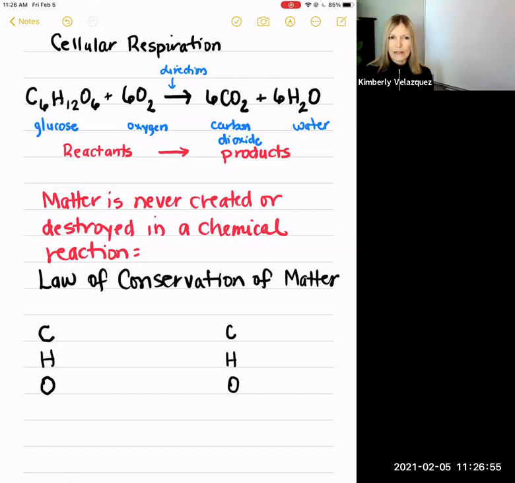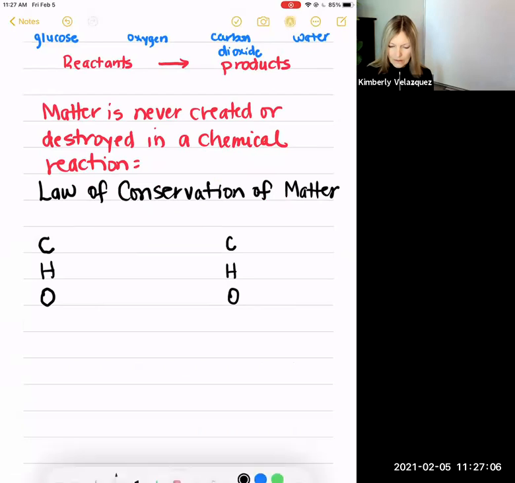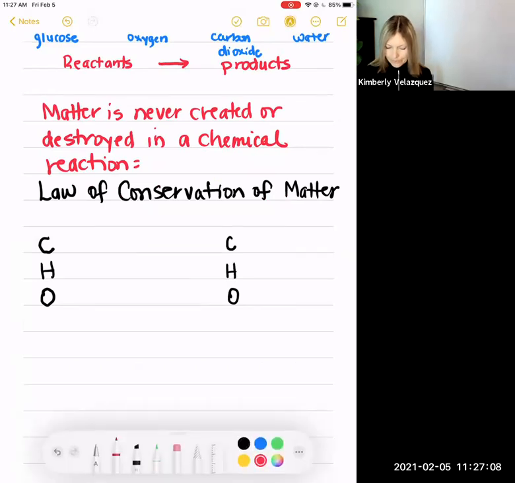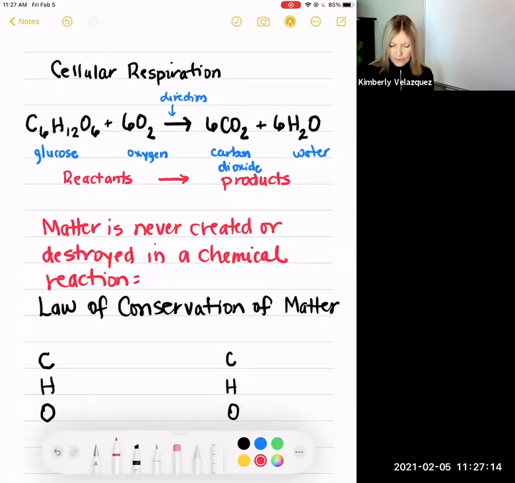This is a really good practice for reading these chemical formulas. Again, subscript numbers only relate to what they follow. So looking at glucose, this 6 is only related to the carbon, the 12 is only related to the hydrogen, and this 6 is only related to the oxygen.